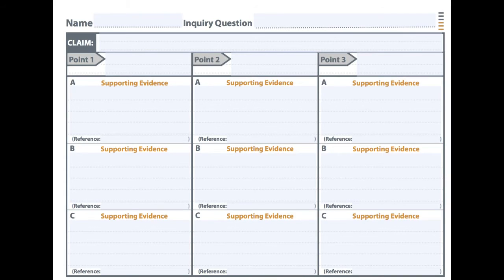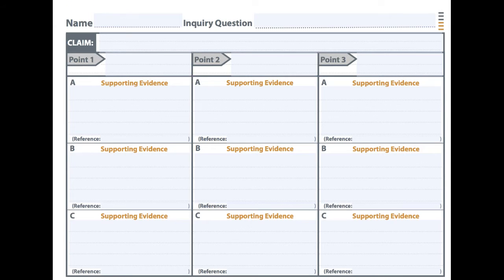Okay, so here we just have a model showing how you would properly organize an evidence-based claim. You'd start off with an overarching claim of either a couple of books or just one individual book, which you would then divide up into three varying points. Within each of those points, you would justify it by presenting evidence that you've already seen in the text.